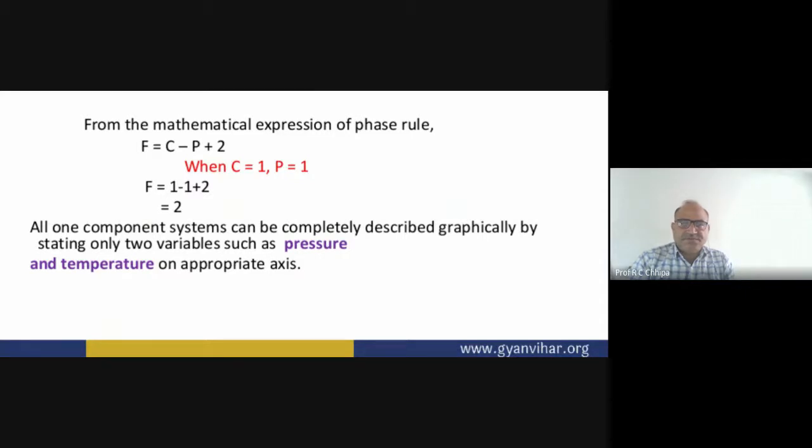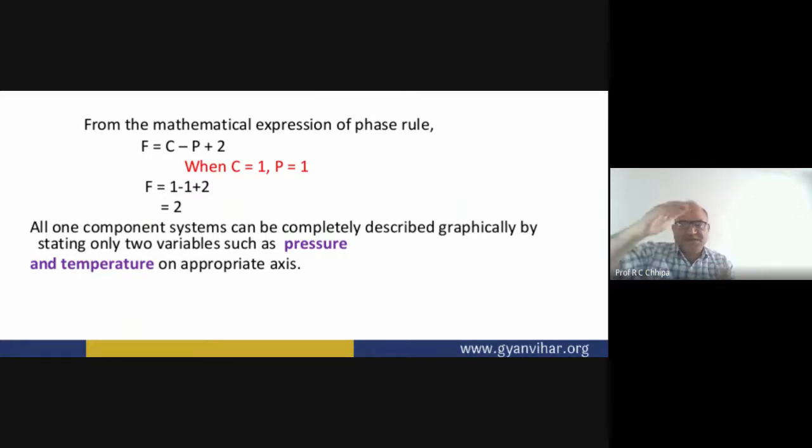P is equal to the number of phases, C is the number of components, F is the degree of freedom. The phases, whatever we have already discussed, are the solid phase, the liquid phase, the gaseous phase. Then the degrees of freedom are the temperature, the pressure and the concentration of that particular system.